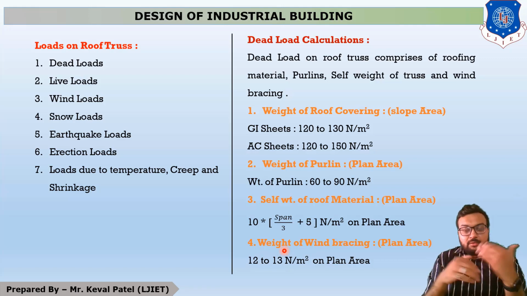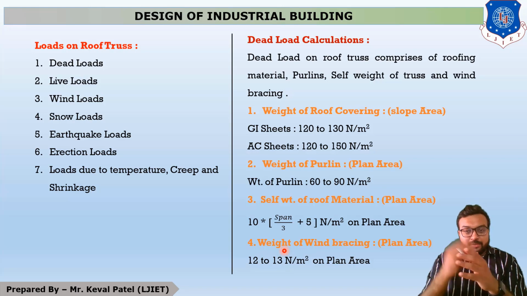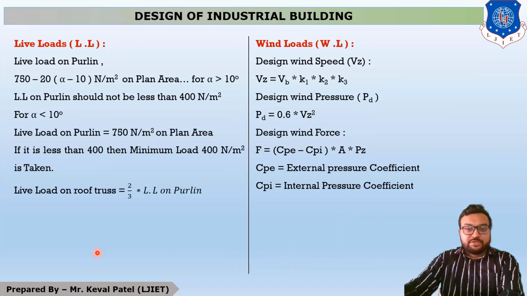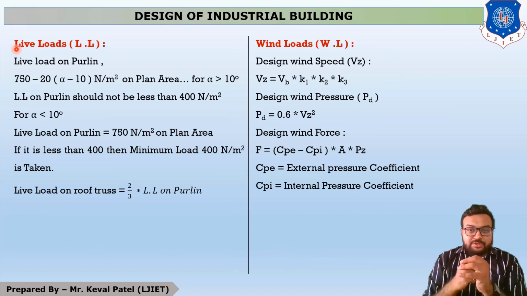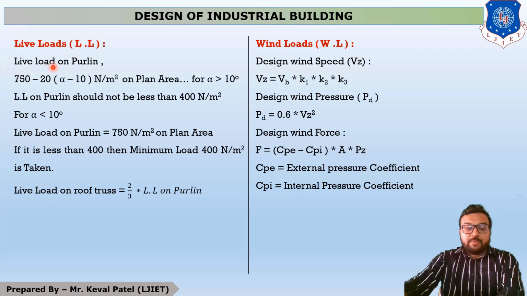Next is live load. Students, in live load calculation there are two cases. First, when your alpha is greater than 10 degree, and second, when your alpha is less than 10 degree. Let us see the assumption in live load calculation. First, live load on purlin will be calculated for alpha greater than 10 degree.